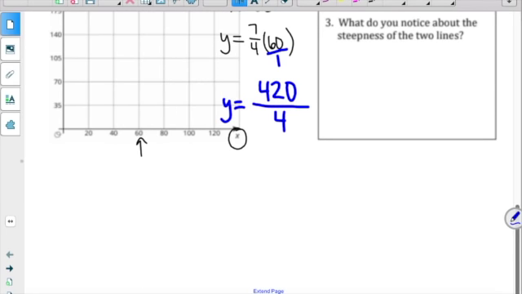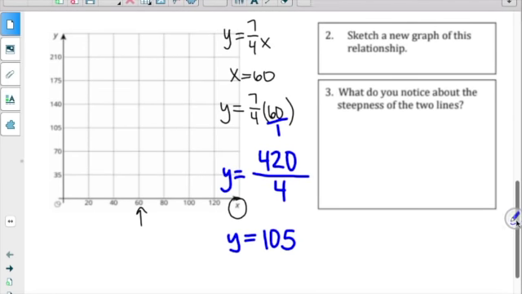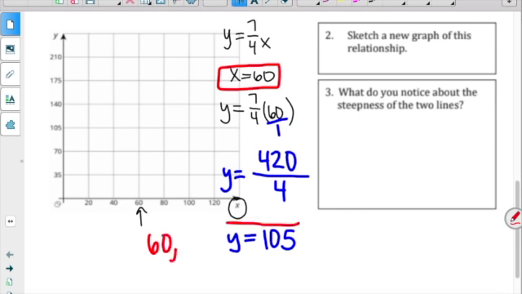And 420 divided by 4 gives me 105. So right here is our ordered pair. X equals 60, and y is equal to 105. So that's my ordered pair right there, 60, 105.